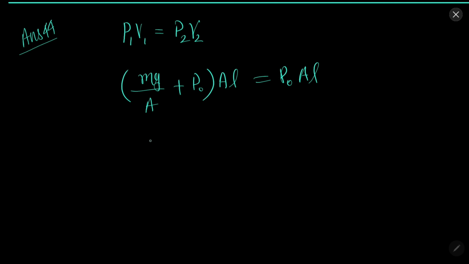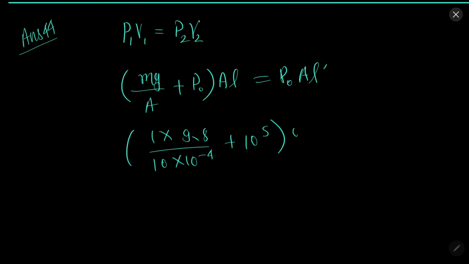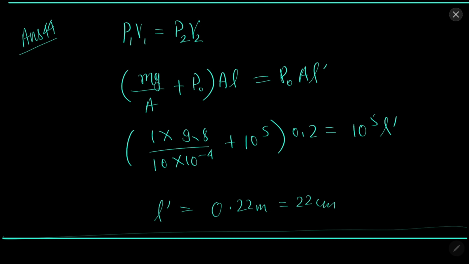Putting in the values, 10 to the power 5 into 0.2 equals (mg/A + P naught) L dash. So L dash will come out to be around 0.22 meters or 22 centimeters approximately.